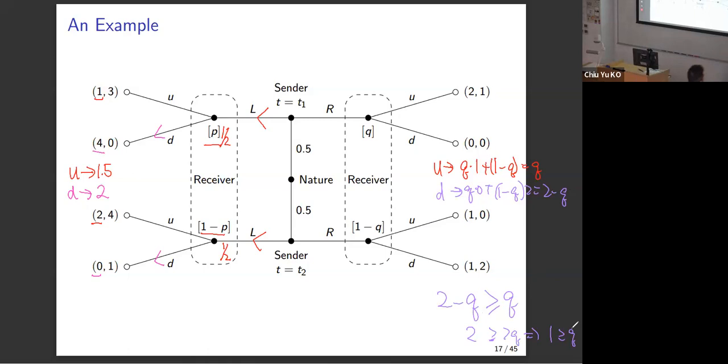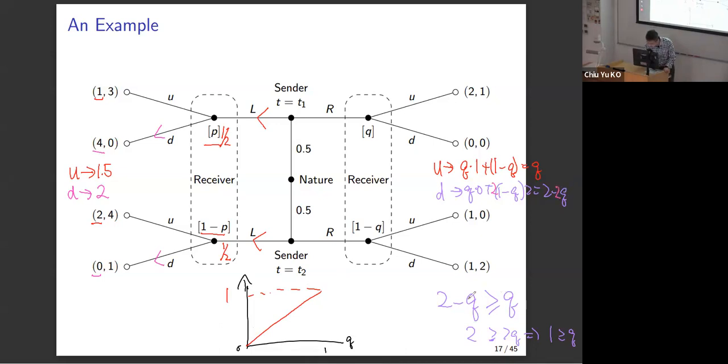Oh, put it this way: U is increasing in Q. Okay, let me draw a diagram. Q is here, 0 to 1, and this is the payoff. U is like this, and D is 2 minus 2Q here.